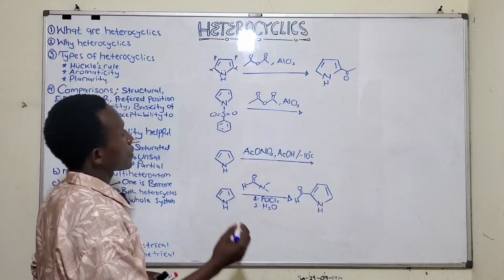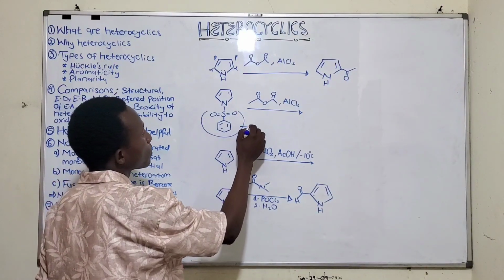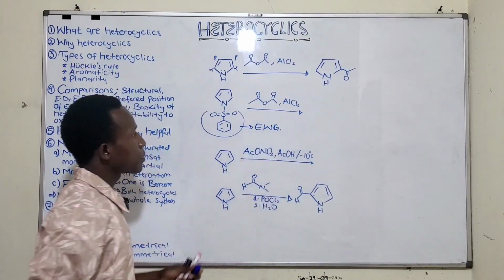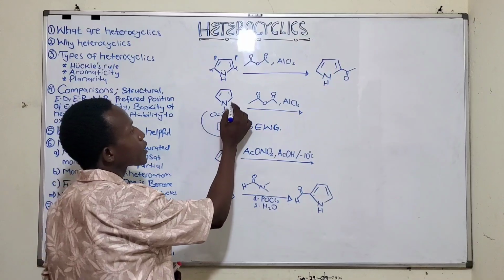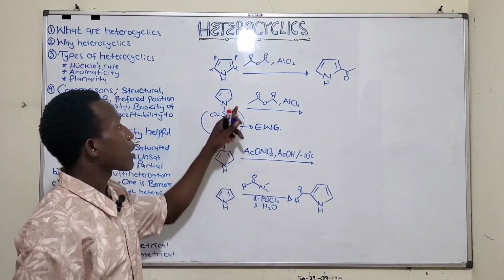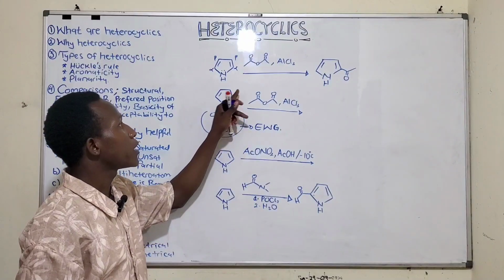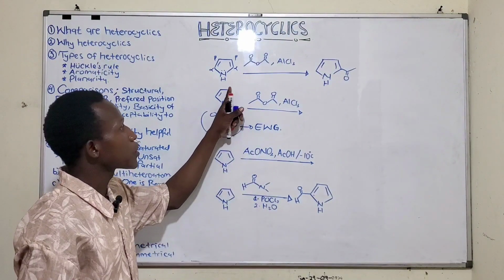This one, now we have an electron withdrawing group here at the nitrogen. So this one will affect the nearby carbon atoms. So they are more electron deficient than the carbon at position 3 or the beta position.